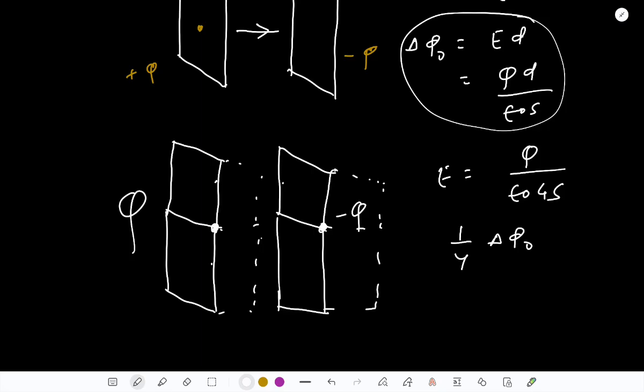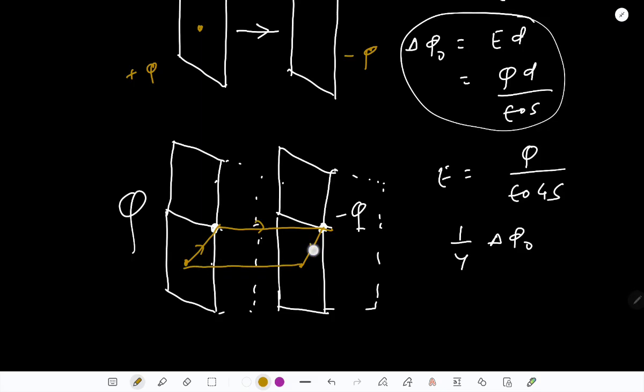So now let's move along a chosen closed circuit, like from the center of the first plate to its corner, and then to the similar corner on the other plate, that is from here to here, and then to its center, and then finally to the starting point, that is from here to here.